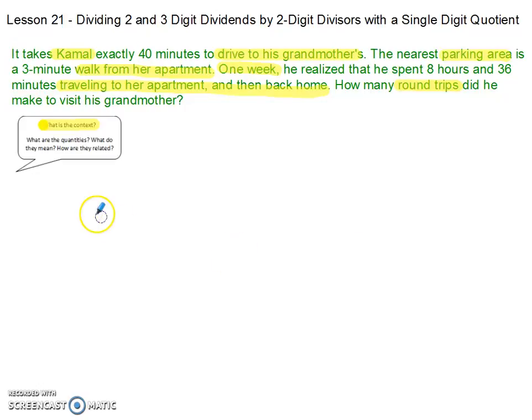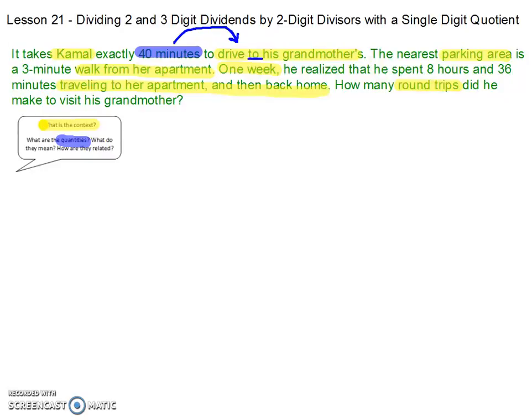Now, in our story problem, we want to know about our quantities. So that's our numbers. And then we also want to know, what do those numbers mean? Our first number is 40 minutes. So the 40 means minutes, and how it's related is that it is the drive to his grandmother's house.